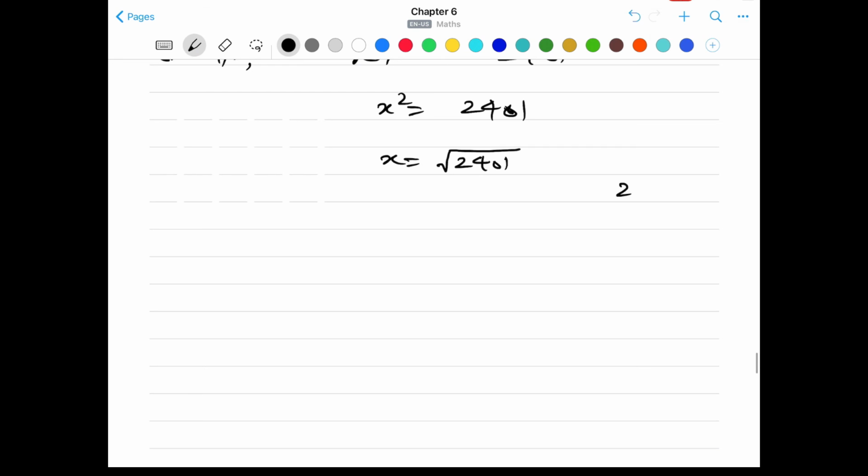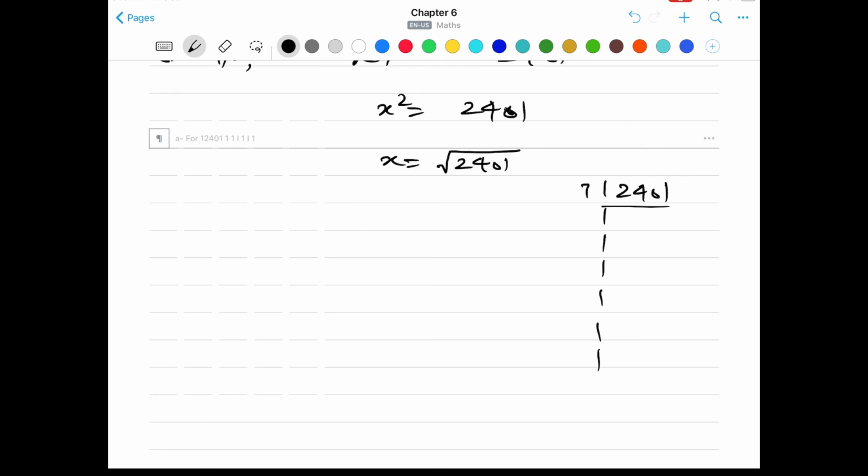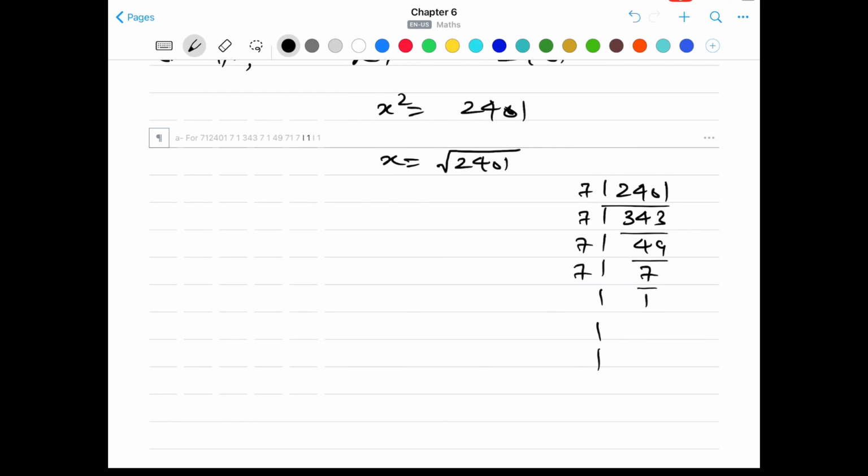Okay, so let's find the prime factors of this number. We have this number 2401. First divide this number by 7, so we'll get 343. Again dividing by 7 we'll get 49. Again dividing by 7 we'll get 7, and we'll get 1 here.